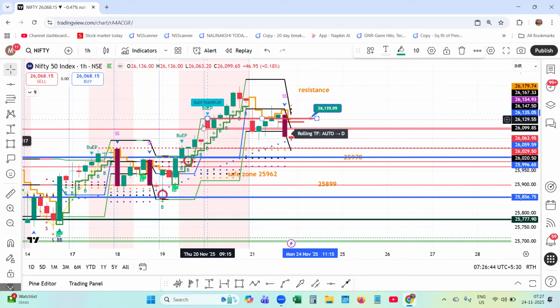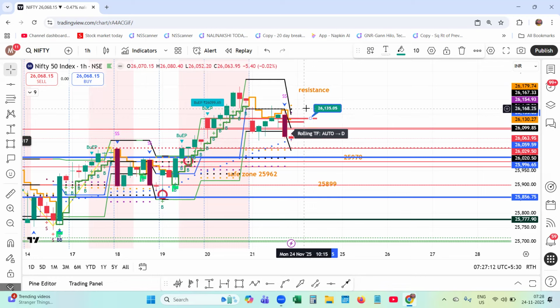Because the market has already broken below this area. It has pierced through. Sometimes when it pierced through, it tried to move higher. Any up move and rejection from 26,135 is a selling opportunity for you people, as price has already broken below the pivot.